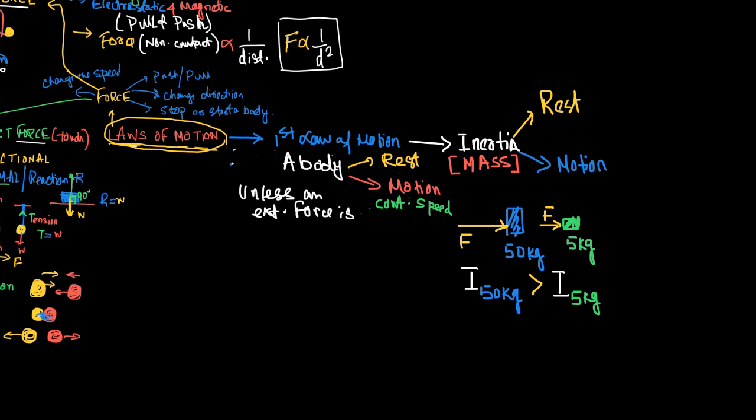For example, think about this. If a football is coming towards you and a ping pong ball is coming towards you, we have a football and a ping pong ball. Let's draw a football.